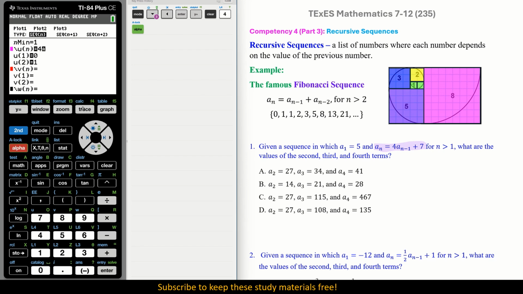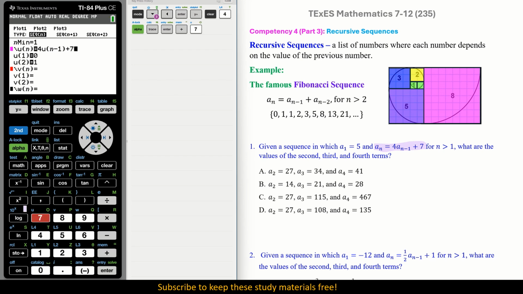Now go alpha trace. Now remember, this would have been where your Y1, Y2 is, but we're not in that mode anymore. We are in our sequence mode. So what we want is number 1. So press enter.